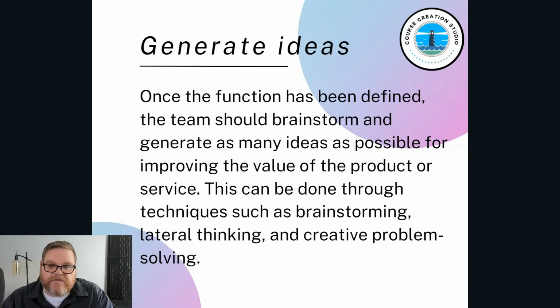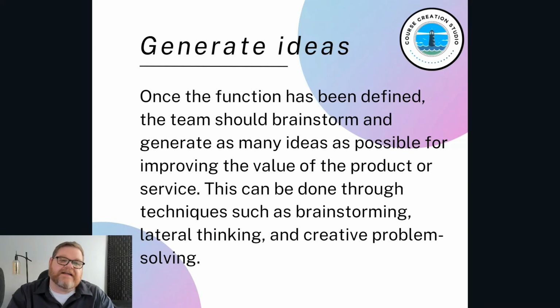And mind mapping, if you don't know, is you draw an idea in the center and then you draw branches off that idea. So if I was doing a cooking course, I would have a branch that says equipment, then a branch that says dishes, and then a branch that says, who's my audience?